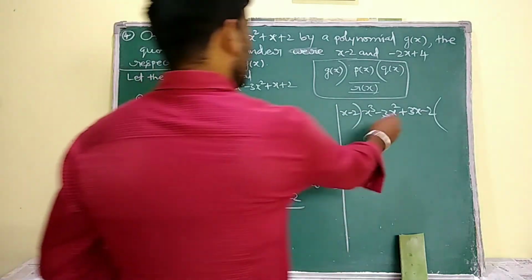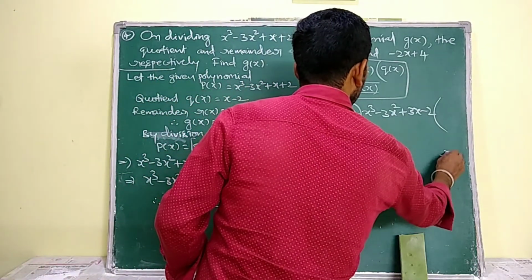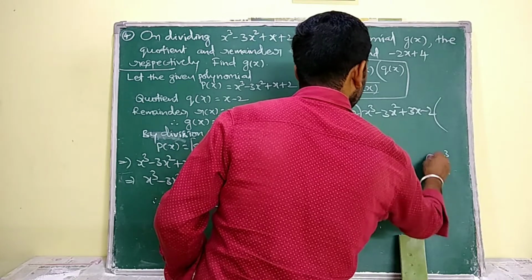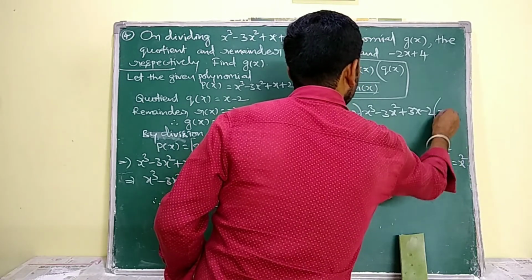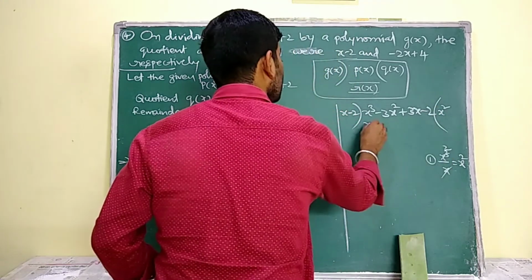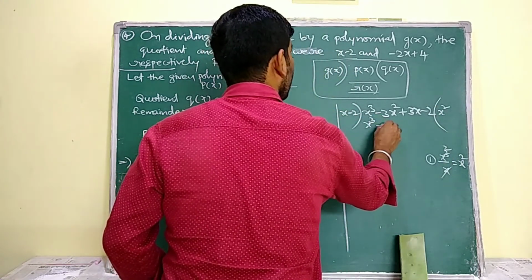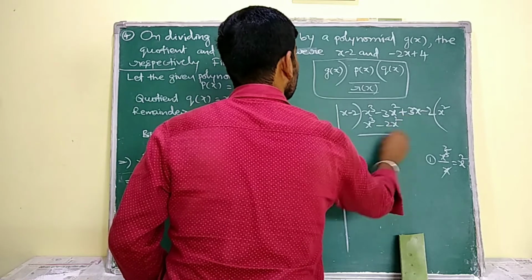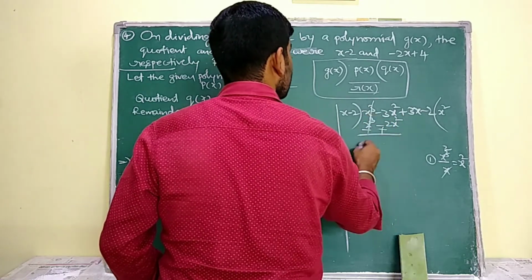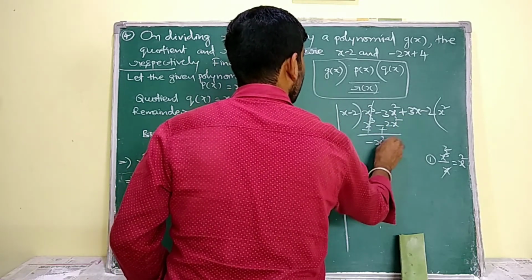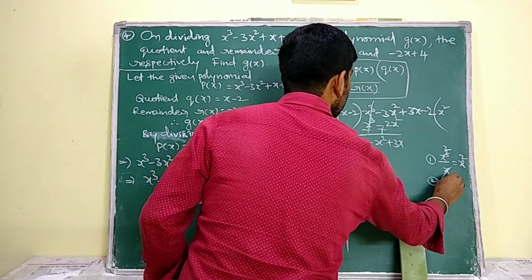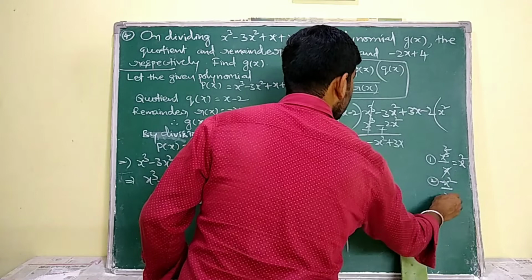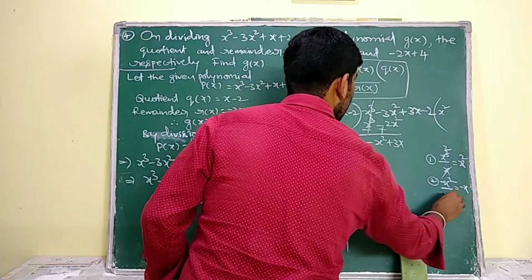Okay, now see, the first term here is x cube by x, that is equal to x square ma. So x square into this, x cube minus 2x square, and minus plus, it is minus x square plus 3x ma. The second term is minus x square by x, that is equal to minus x.